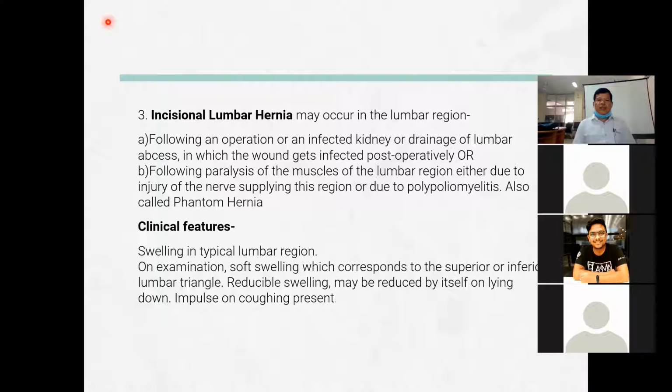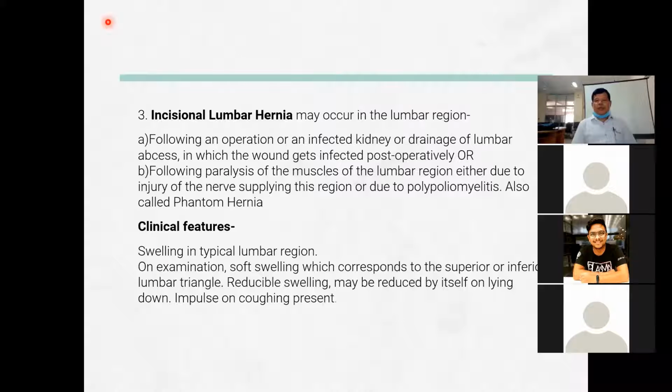That occurs as a result of injury to the nerve supply of these regions in any operations, or due to poliomyelitis in childhood. This may cause weakening of the muscles in those parts, and that will produce this hernia. That type of hernia is called phantom hernia.